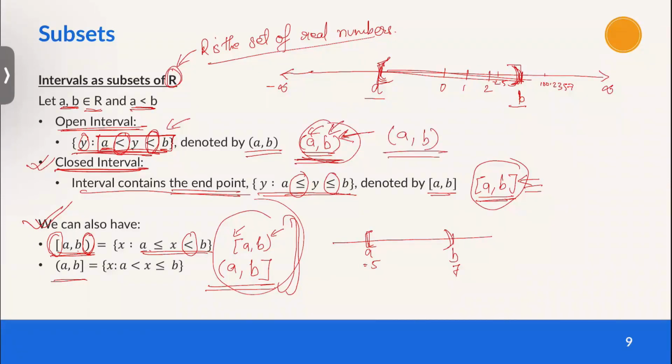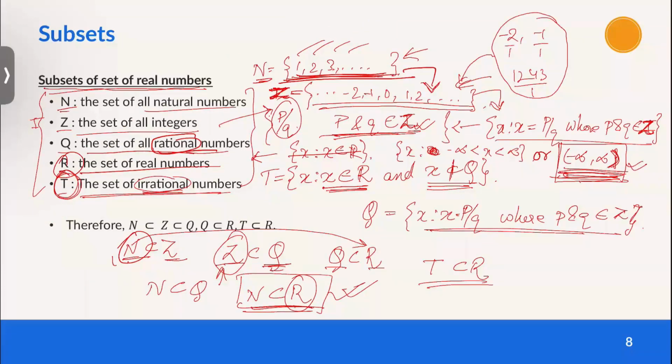If we go one slide back, I have written this: R is equal to minus infinity to infinity. I'm not including infinity and minus infinity because they are not actually included in the real numbers.